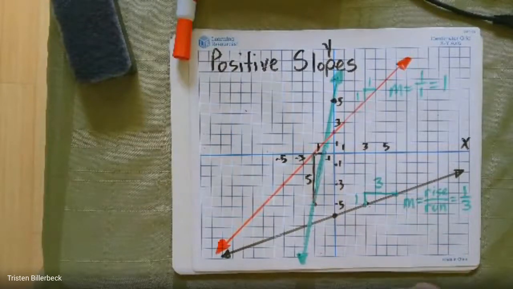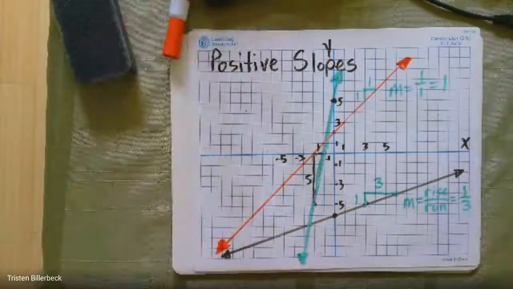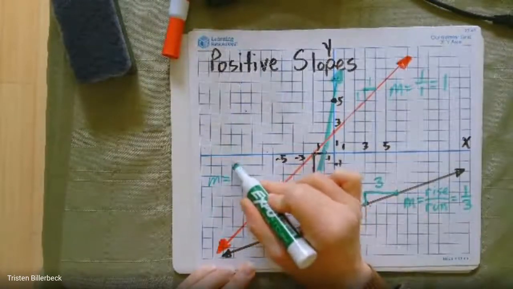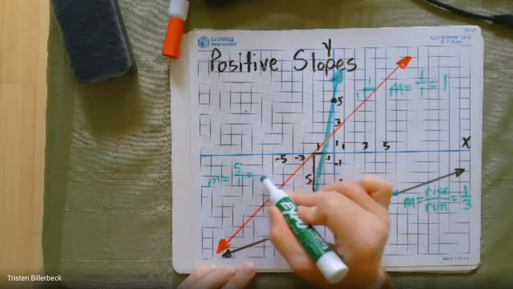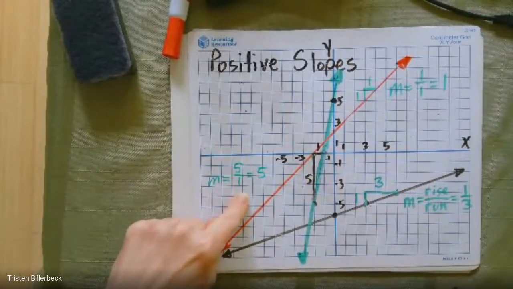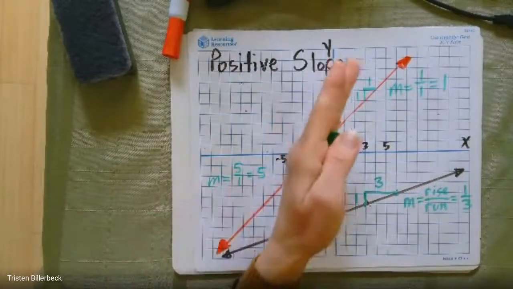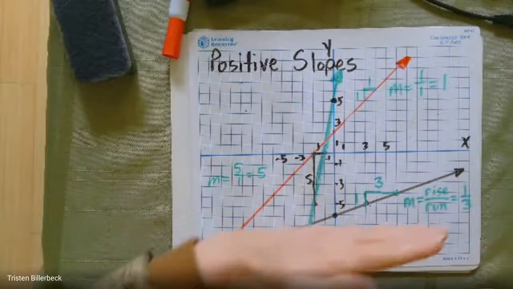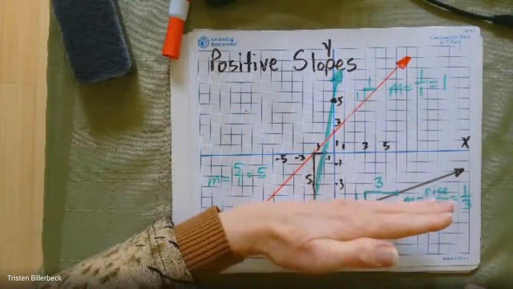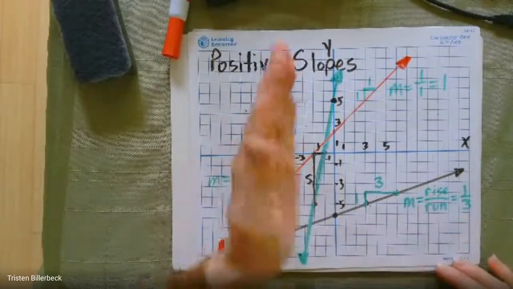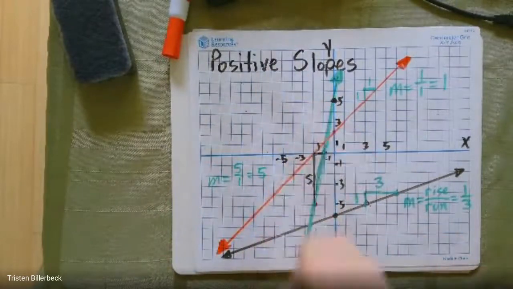So this slope has a rise of 5 and a run of 1, which makes it 5. So this is a very steep slope, getting to be quite the cliff, versus this flatter slope, which is a fraction of the cliff slope.